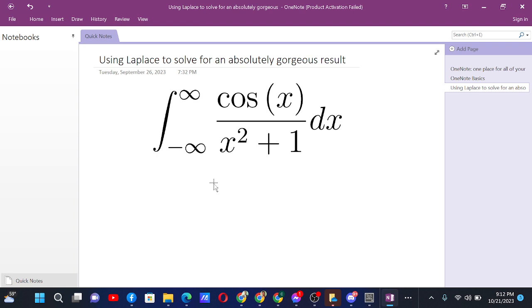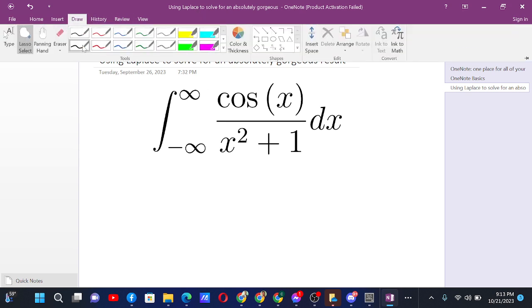So we have this integral from negative infinity to infinity of cos x over x squared plus 1 dx. Basically, for this integral, we are going to introduce another variable, let's say a, and we will denote this integral I of a, and we will perform a Laplace transform in the world of a, and that will somehow simplify the integral, and we will deal with it. So let's go.